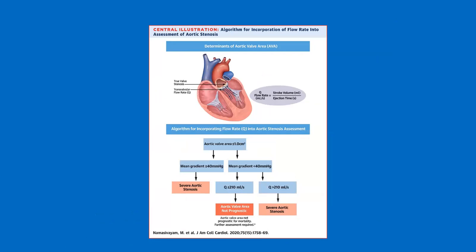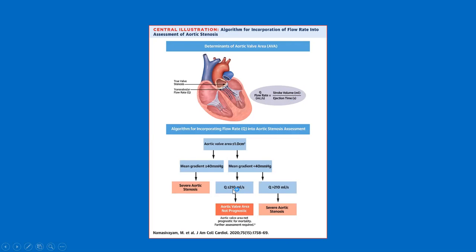Finally, a recent paper showed that aortic valve area is not associated with prognosis if the flow rate, which is measured as a ratio between stroke volume and ejection time, is low.